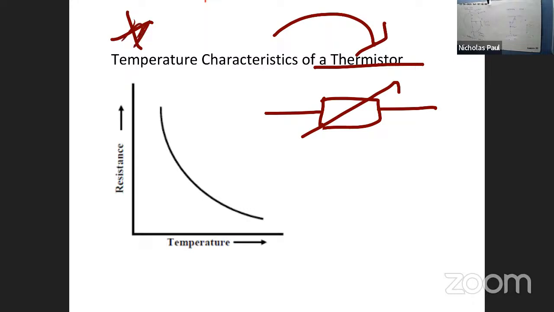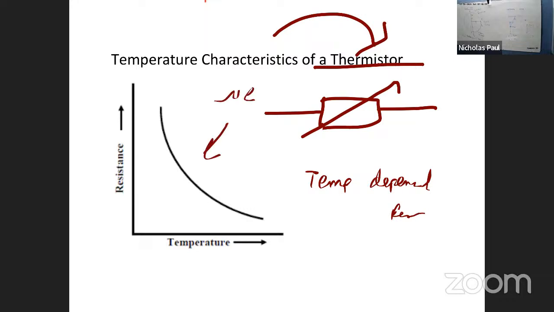Right, so a temperature dependent resistance, right? But this is called a negative temperature coefficient thermistor. The reason is, as temperature increases, the resistance drops.